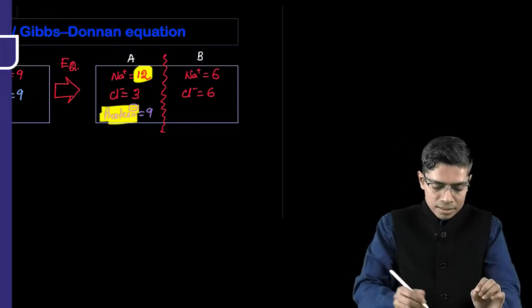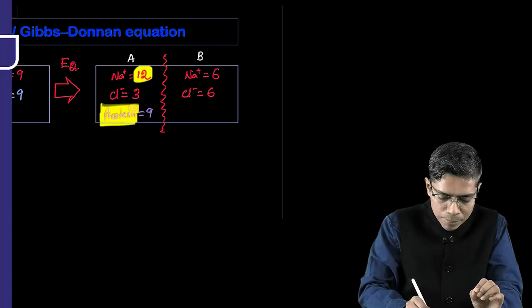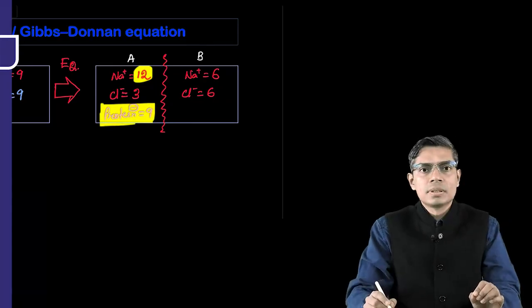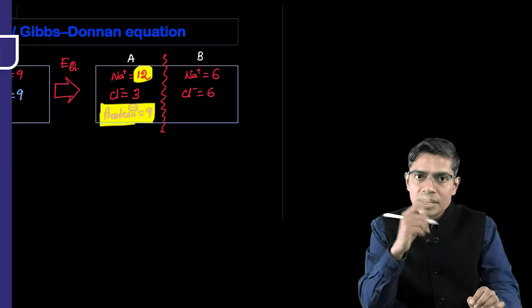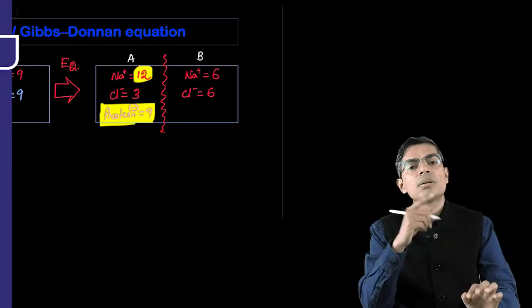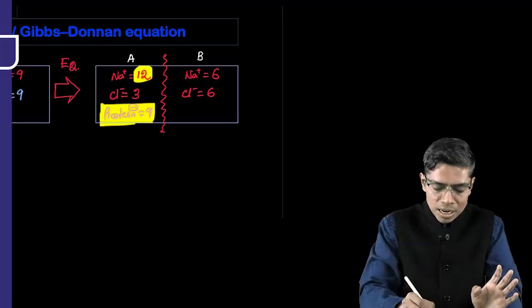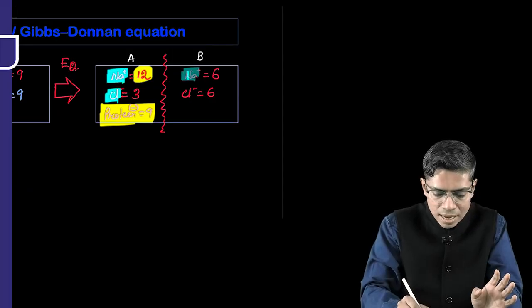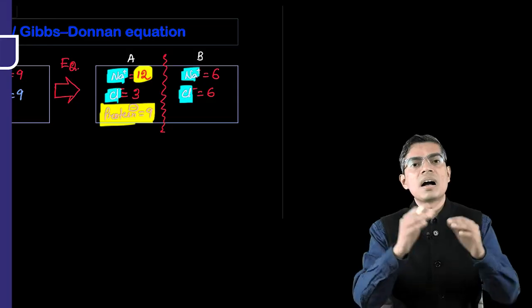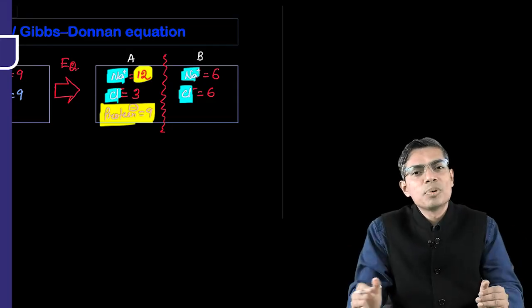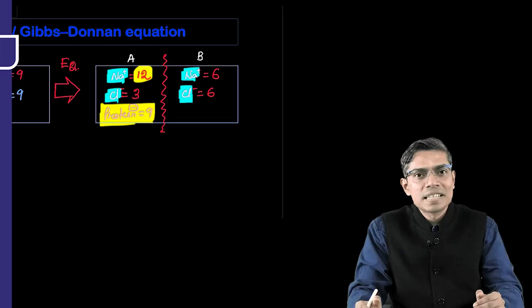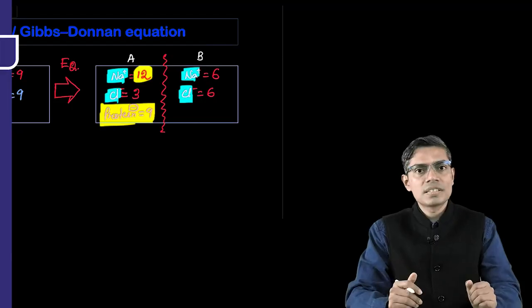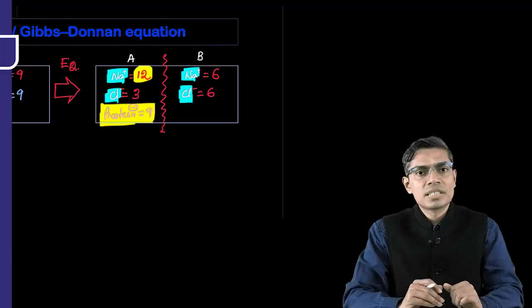The Donnan effect says that due to the presence of a large impermeable molecule like protein, the permeable molecules are distributed differentially on both sides of the membrane. So these permeable molecules, in the form of sodium and chloride, are unevenly distributed on both sides of the membrane. That's why we are discussing why the uneven distribution of ECF and ICF is maintained. This is a similar kind of effect which was first described by Donnan.